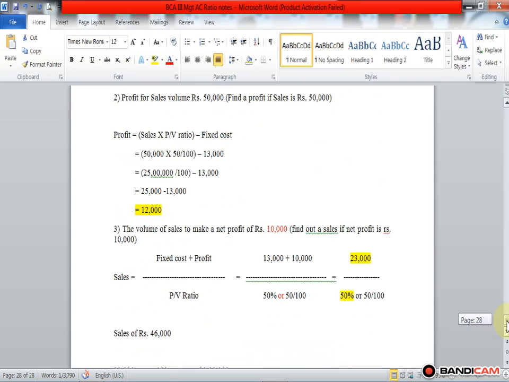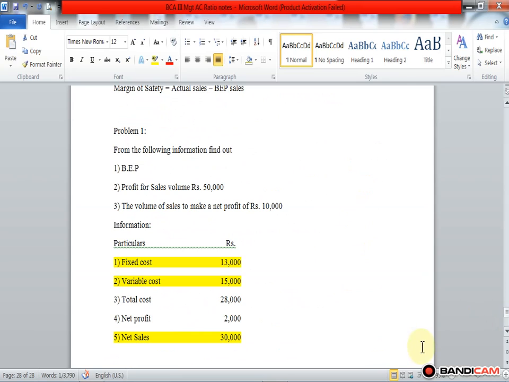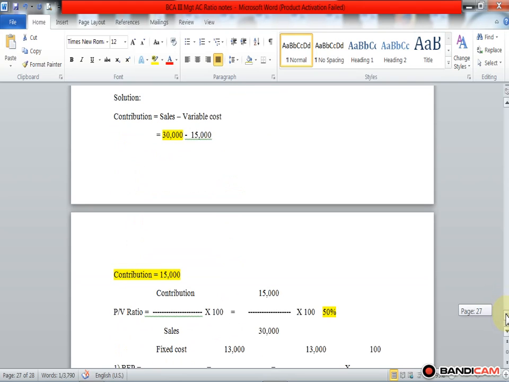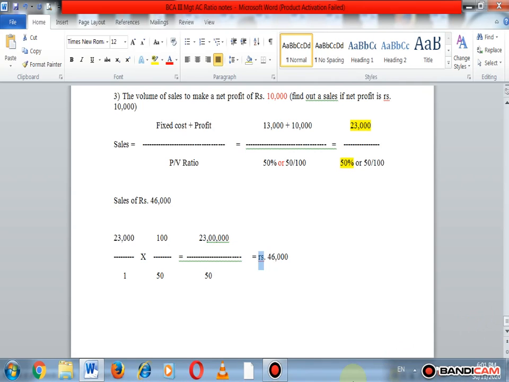In our next lecture we will start unit number 4, or take another practical problem on this unit if needed. Just remember the formulas and this first problem. Unit 4 is budget and budgetary control and types of budget. Thank you very much.